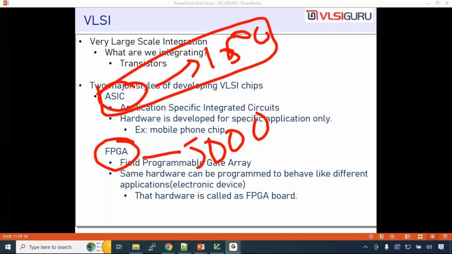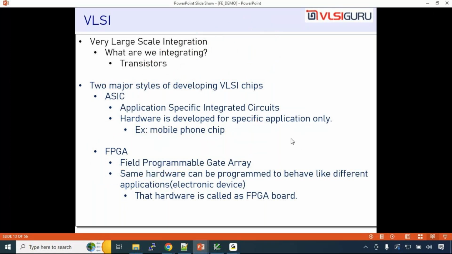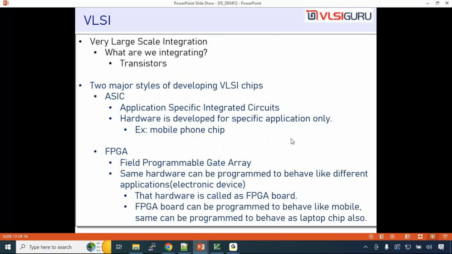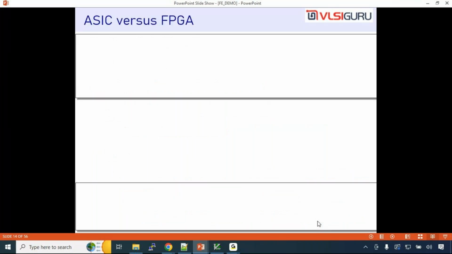FPGA boards will be costly to manufacture. An FPGA board can be programmed to behave like a mobile phone, or like anything else. So initially FPGA looked better, but cost-wise, ASIC is better.